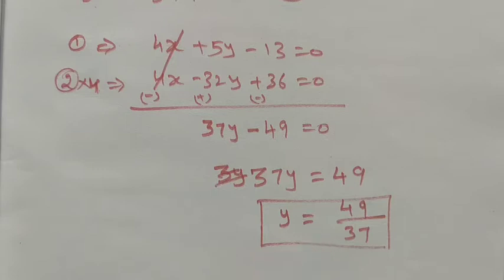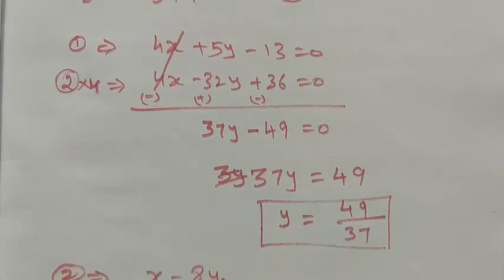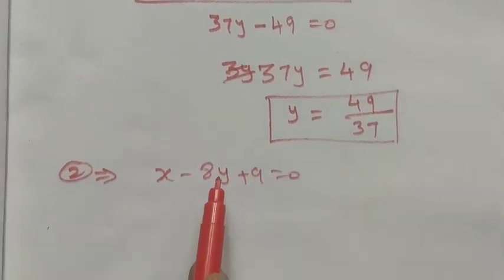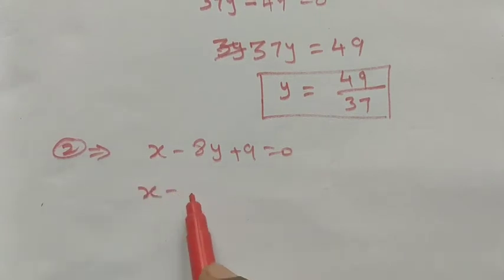Now put the y value in either equation number 1 or 2. Here I take the second equation. Equation number 2 is x minus 8y plus 9 equal to 0. In the place of y, I apply the value 49 divided by 37.